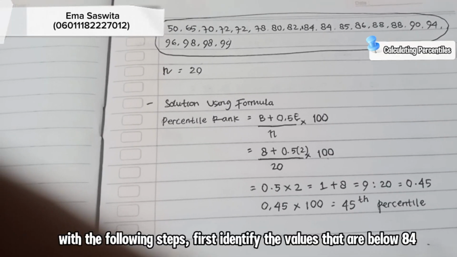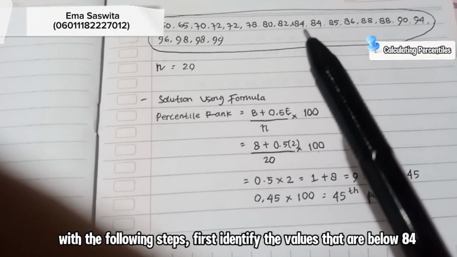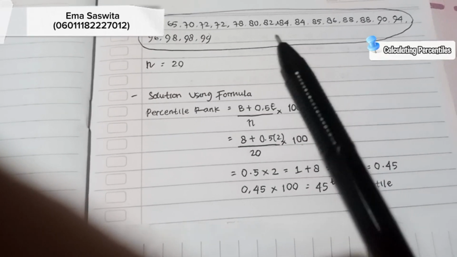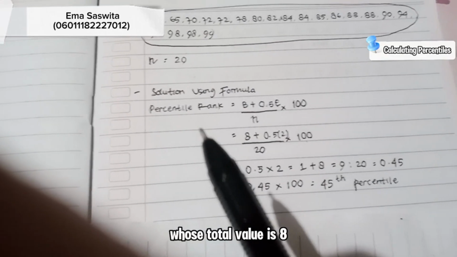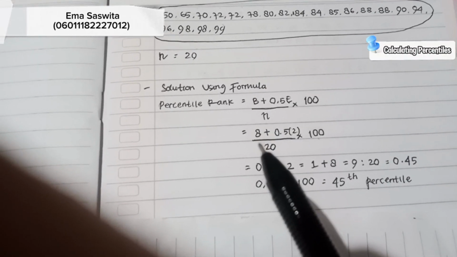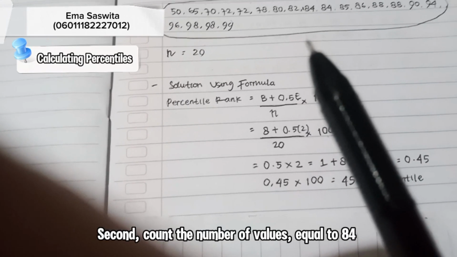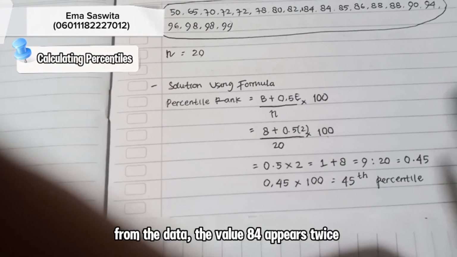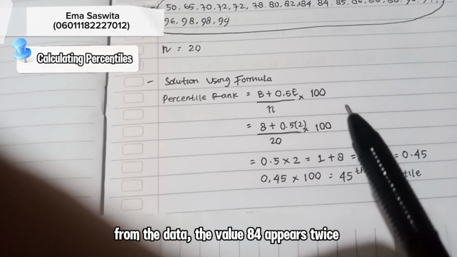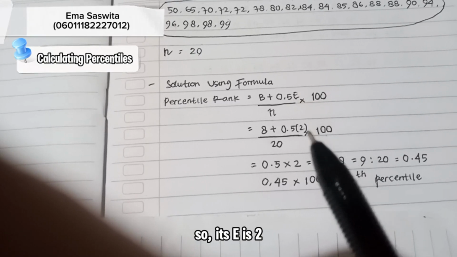With the following steps, first identify the values that are below 84. These are values that are before 84, whose total is 8, so B is 8. Second, calculate the number of values equal to 84. From the data, the value 84 appears twice, so E is 2.